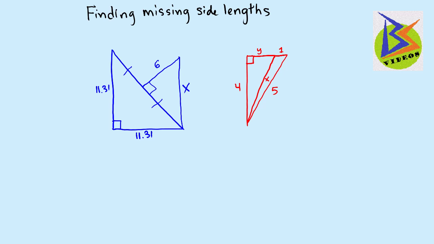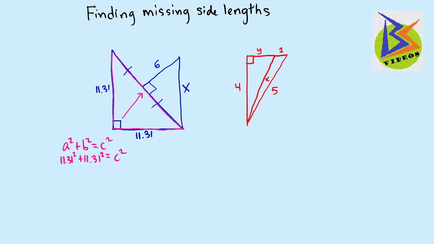What we need to do first is look at this big triangle. It is a right triangle, and we need to find the hypotenuse, because remember the hypotenuse is always opposite our right angle. To do that we use the Pythagorean Theorem, a squared plus b squared equals c squared. So 11.31 squared plus 11.31 squared equals c squared.